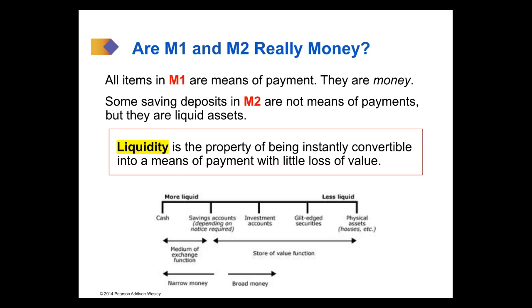If I have a CD, I can't really pay somebody with that, especially if it doesn't mature for another 3 months or 6 months. I may not be able to have access to that. So we consider it part of the broader definition of money, M2, but not part of the narrower definition of money, M1. And so the difference is liquidity.